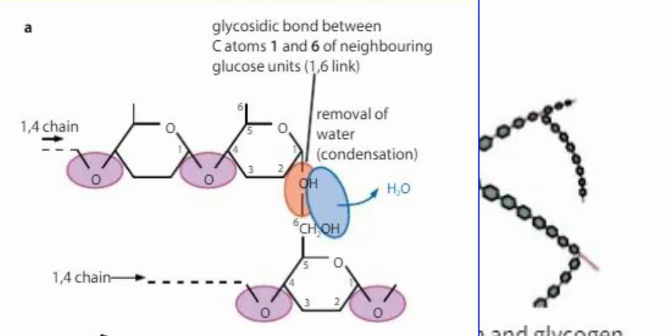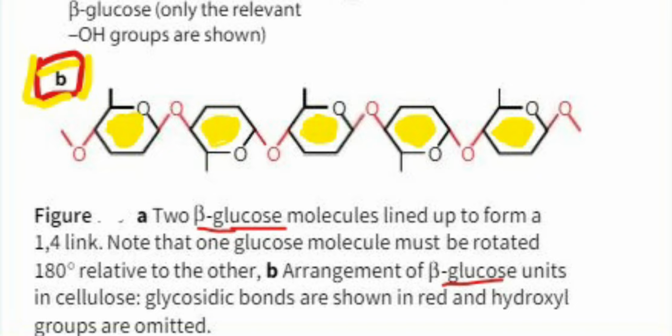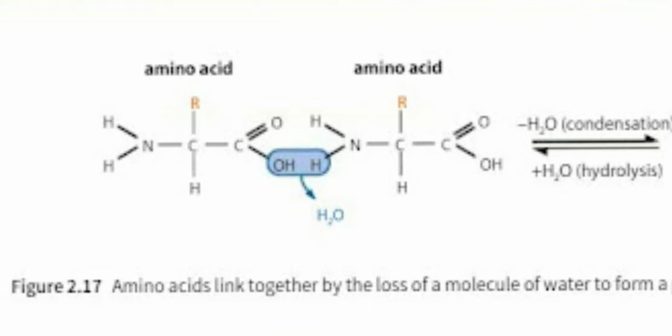The subunits are much smaller and simpler molecules known as monomers. For example, biological polymers are polysaccharides, proteins and nucleic acids. Poly means many, and mono means single or simple.